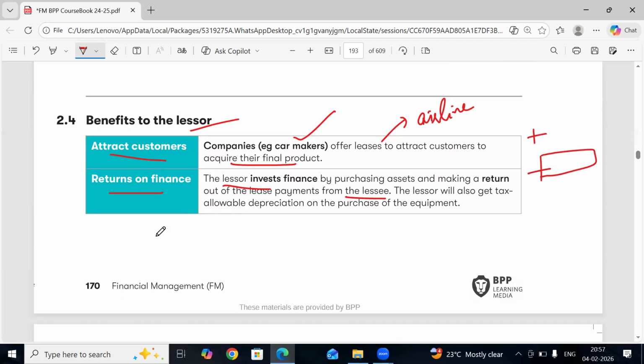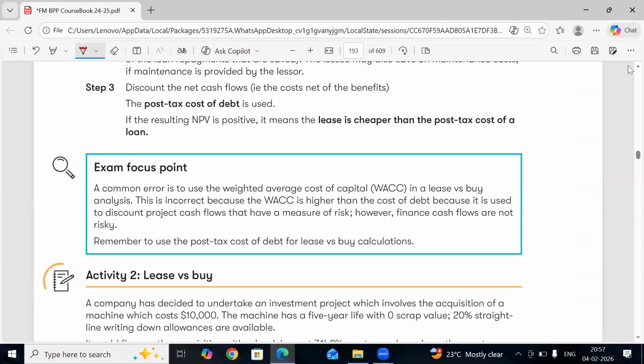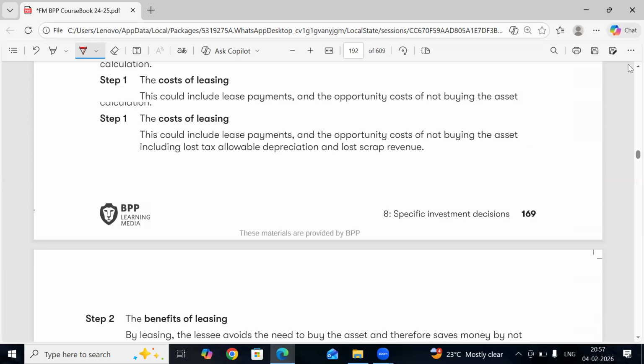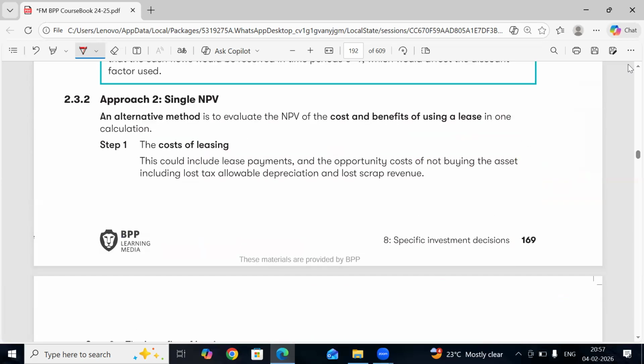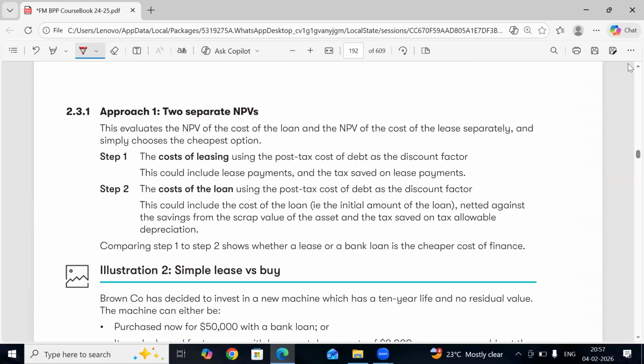Whatever the depreciation of the asset, he can claim it as tax deduction or benefit. We already discussed tax allowable depreciation, the depreciation tax shield. We have already discussed lease versus buy in the previous sessions.